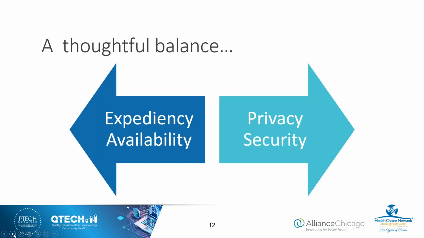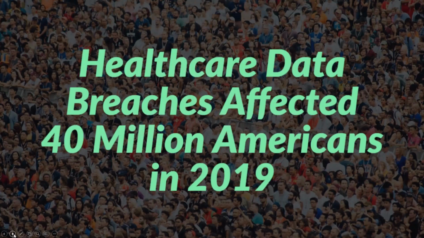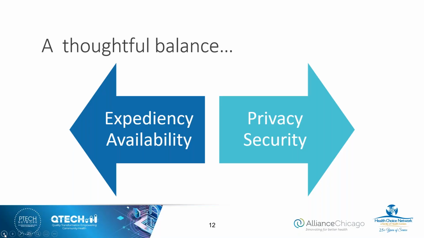The problem is that as we have really made these strides in making information available, and we know our clinical teams are pushing more and more for availability of information, and they also want it to be easy. Sorry, we went a little too far here. But on the other side, the more we make information available, of course, the more risk there is that people who should not have access to that information could have access to it.